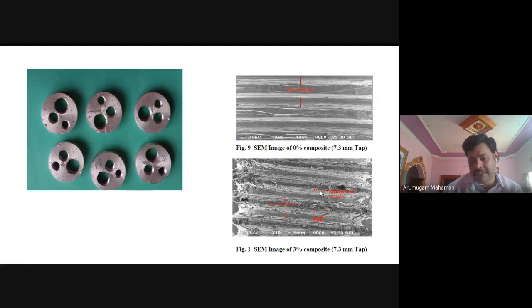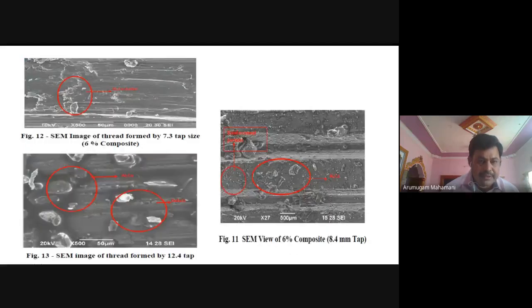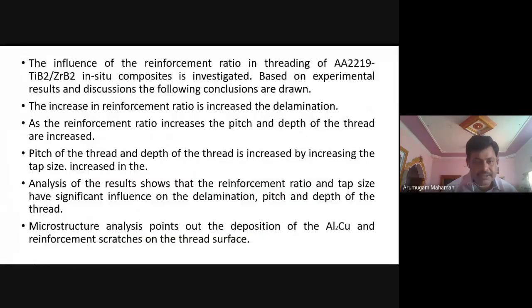Because of the reinforcing effect, the material changes. Reinforcement of course increases the hardness. This is the microstructure at 18 magnification, and this is 20 magnification. The same image of the thread formed by 6% composite will be like this.